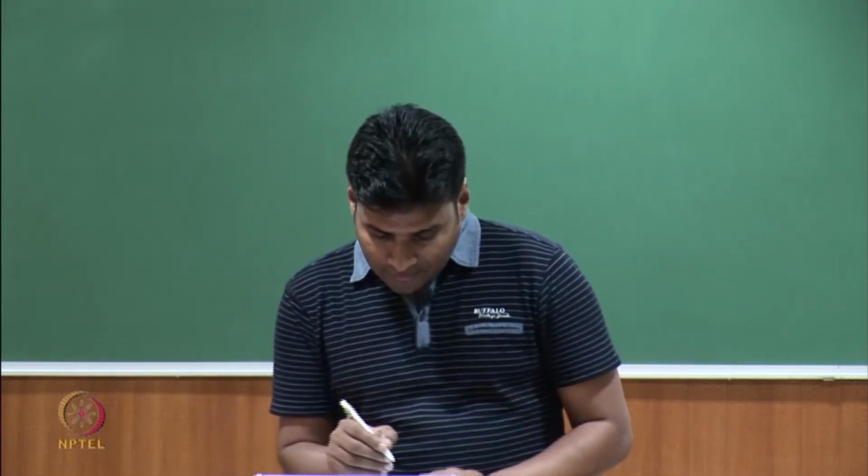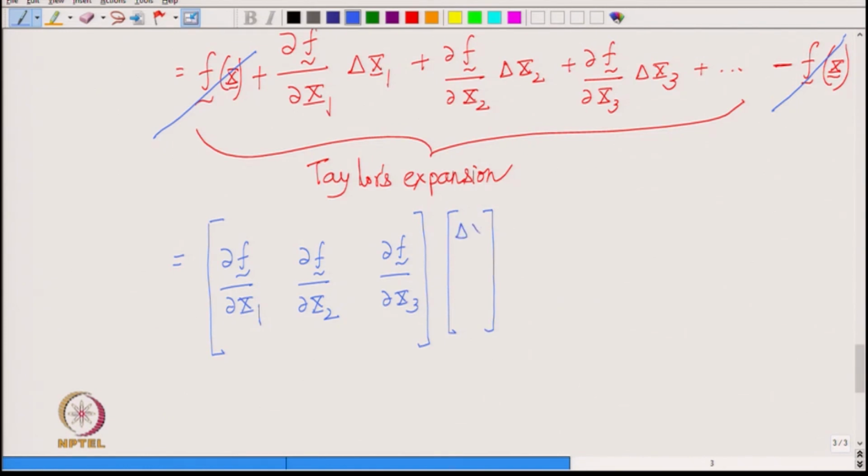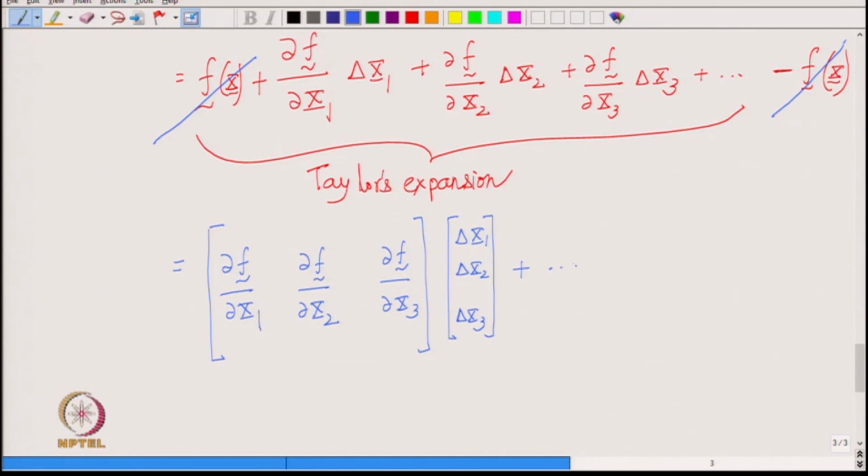Then yes, we can write it, and it would be, think of a matrix whose first column is del f over del big X 1, the second column is del f over del big X 2, the third column is del f over del big X 3, okay, and we multiply this with the column of the delta x, which is delta x 1, delta x 2 and delta x 3, plus the dot dot dot, the higher order terms.